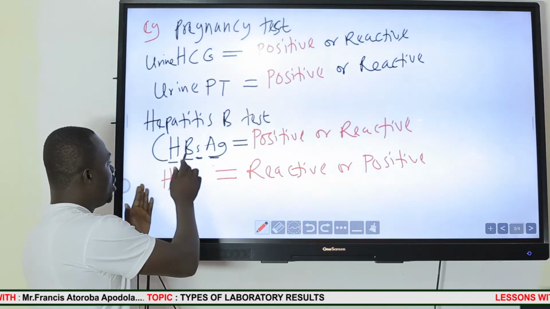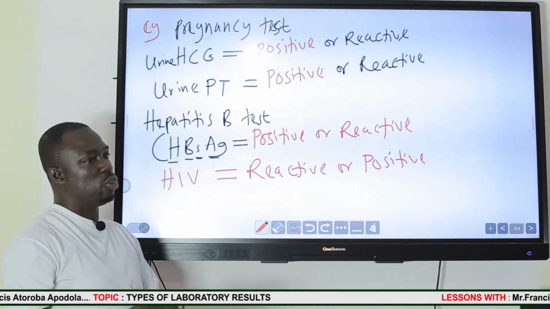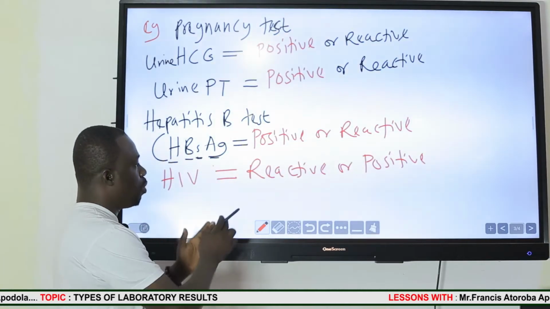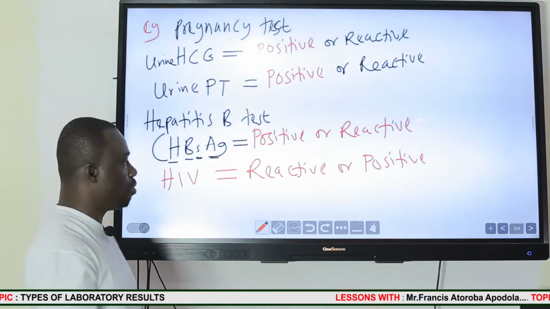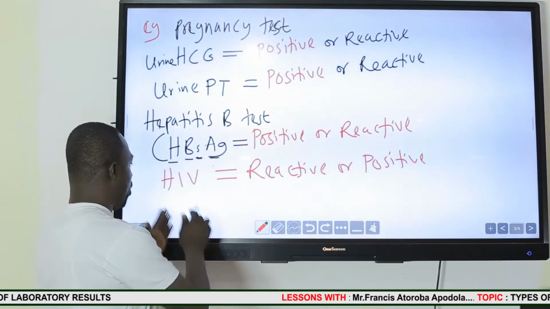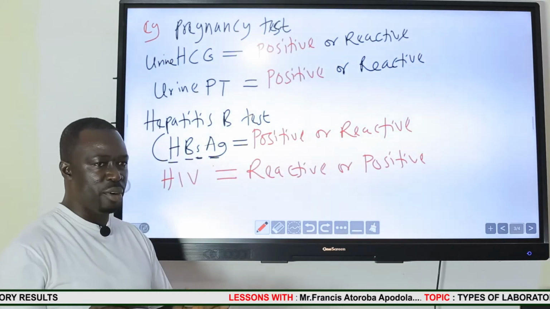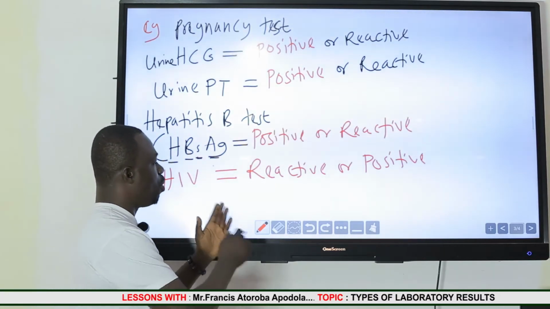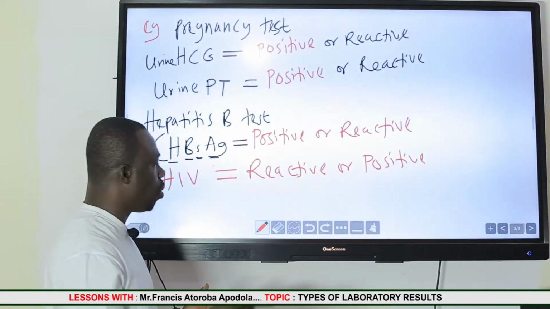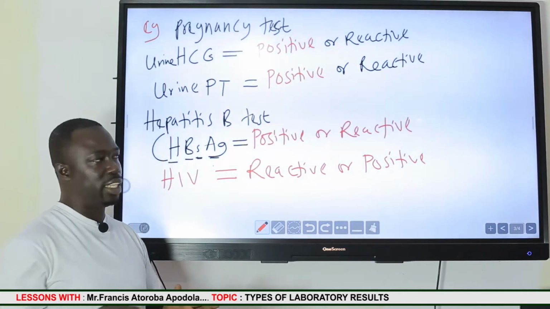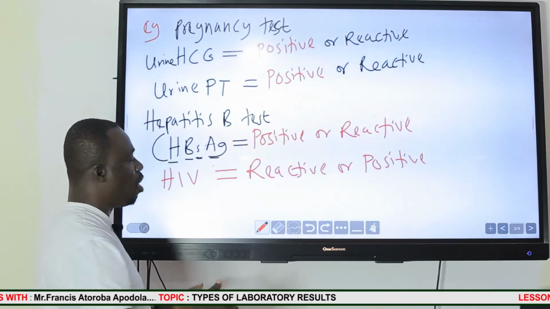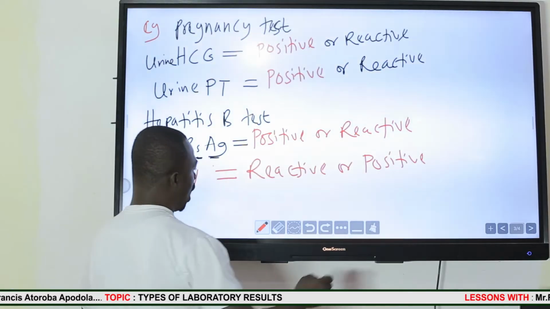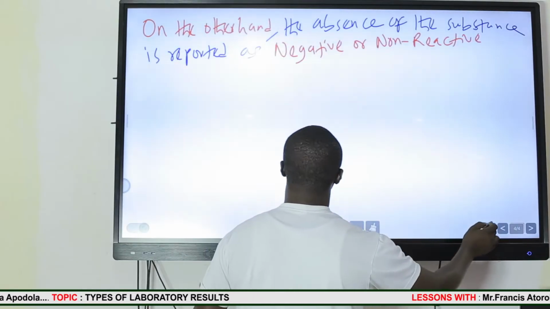If the hepatitis B surface antigen were absent, that would be reported as non-reactive or negative. If the HIV virus were absent, it would be reported as non-reactive or negative. So basically, this is how qualitative test results are reported.